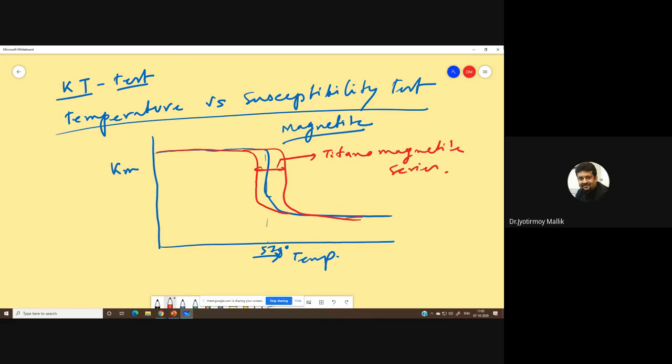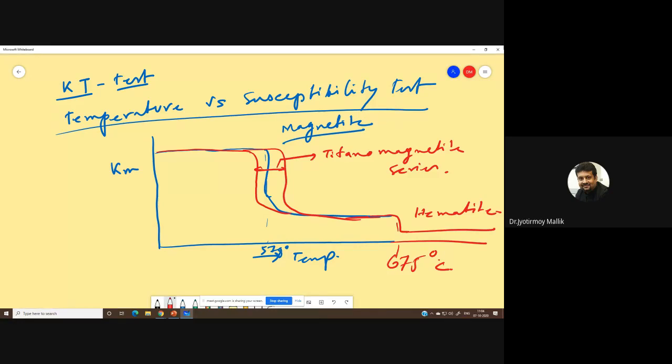Maybe I keep on heating it, and then I see at 675 degrees centigrade another drop. That means the sample also contains hematite. But if I see only the jump at 675 degrees centigrade, then I will know that the sample only contains hematite and doesn't contain magnetite.